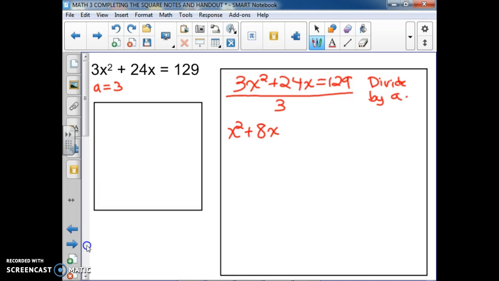And 3 goes into 129, 43 times. Now we have divided and we can move on to completing the square.